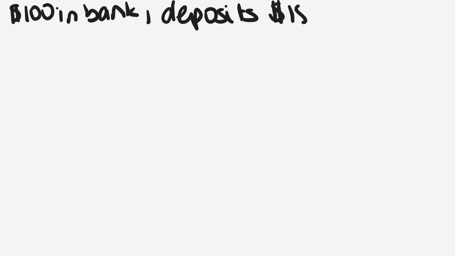All right, 16 is a beloved word problem. So it says Philip has $100 in the bank. Okay, so he's got $100 in the bank. And then it says that he deposits $18 per month. So this is Philip.